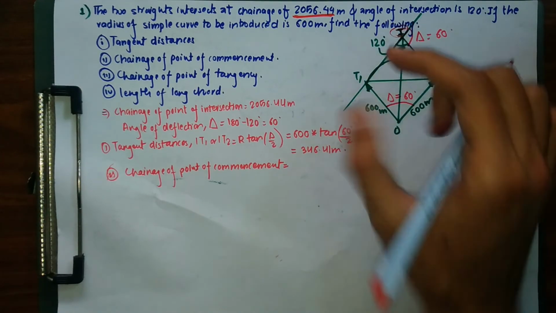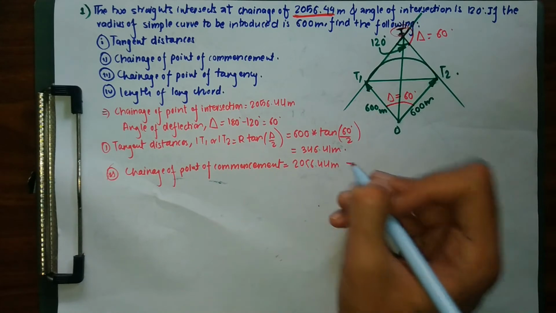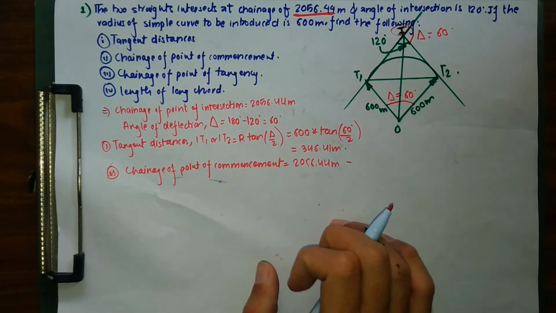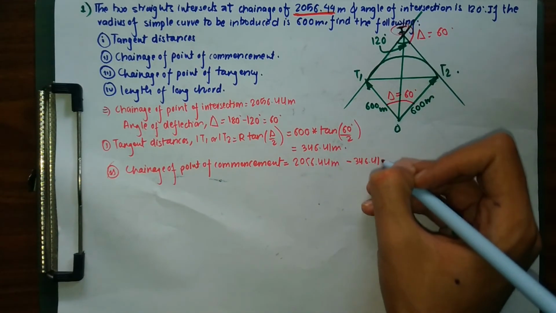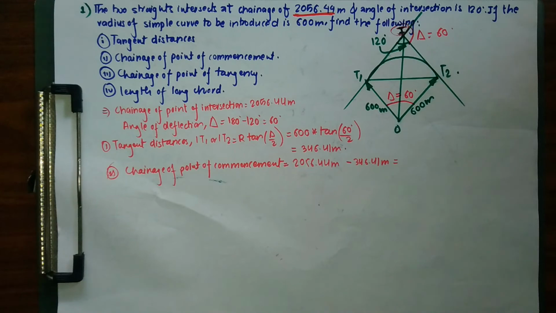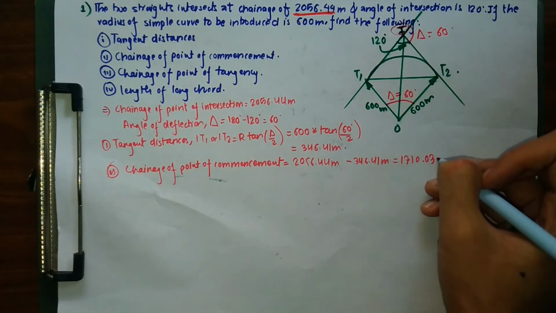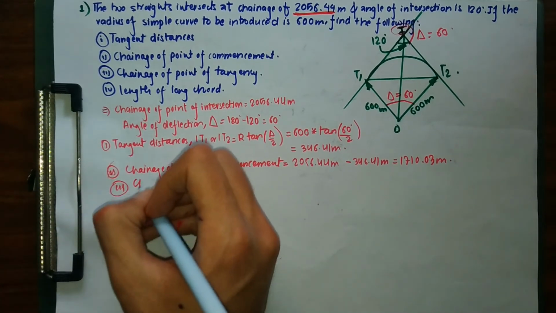The chainage of the point of intersection is given as 2056.44 meters minus the backward tangent IT1, which is equal to 346.41 meters. So the chainage of the point of commencement will simply be equal to 1710.03 meters.